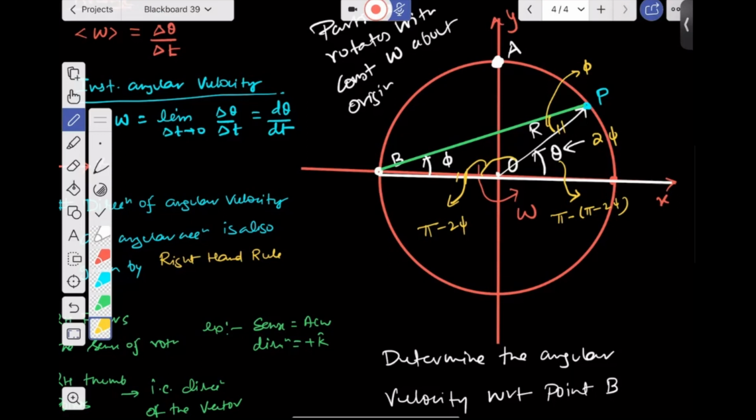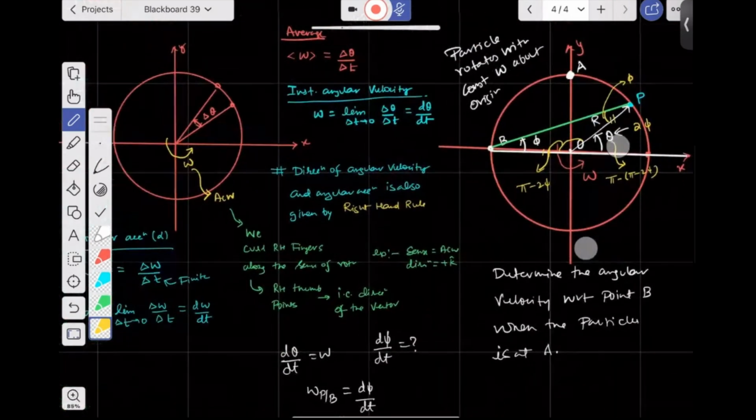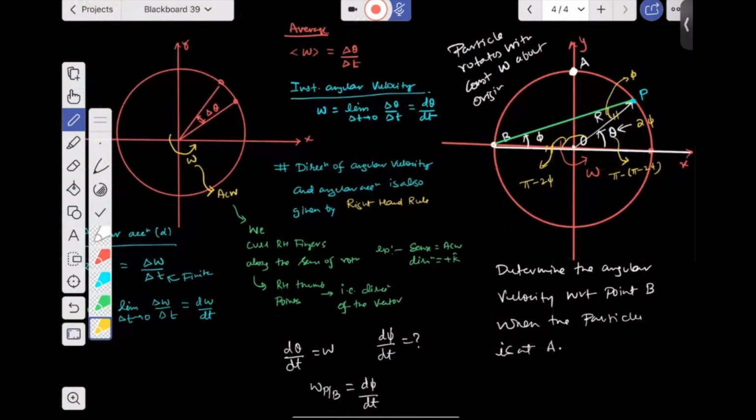So what is given to us? The rate of change of theta, and I have to find the rate of change of phi. Correct? So we have to find d phi by dt, and what we have got here is theta equals 2 phi. So phi is theta by 2, so it becomes d by dt of theta by 2.